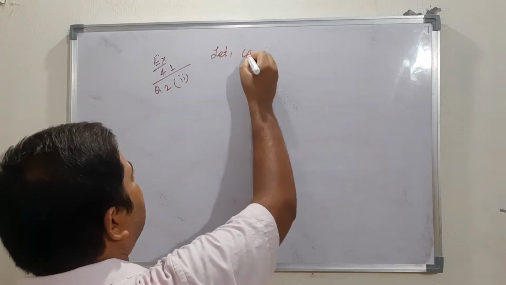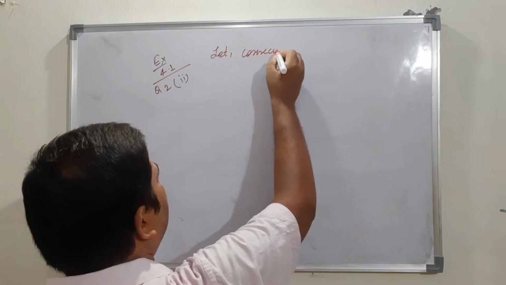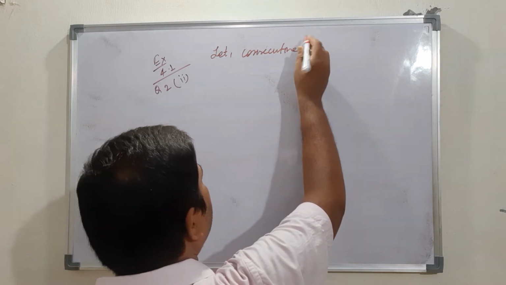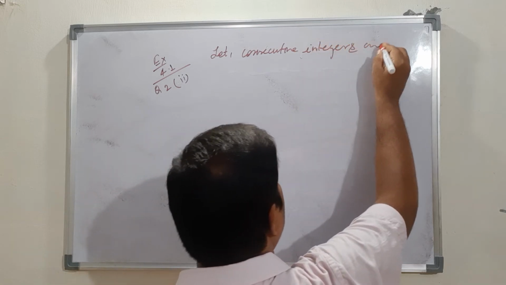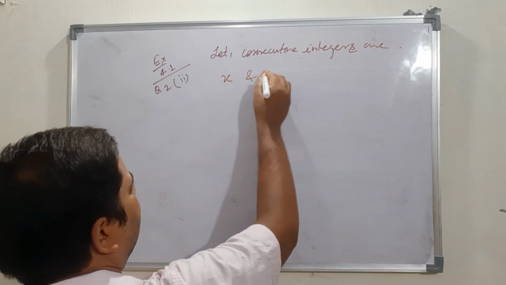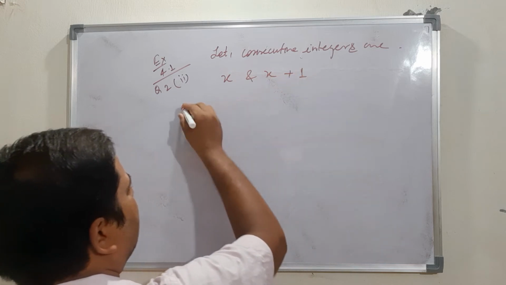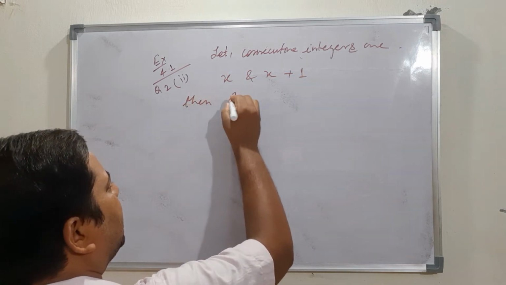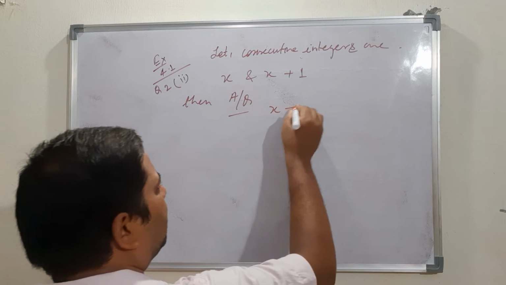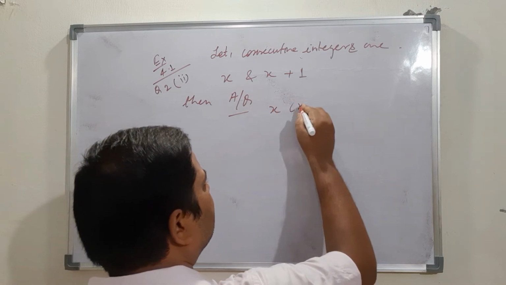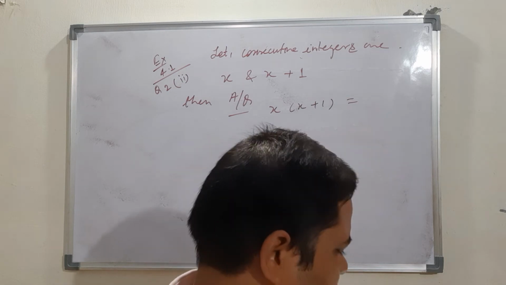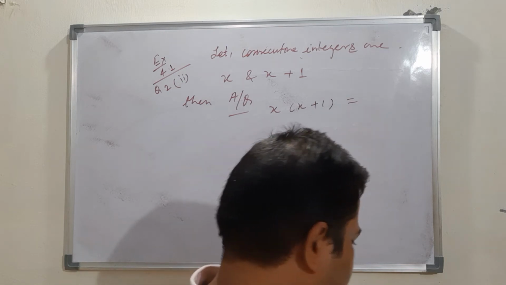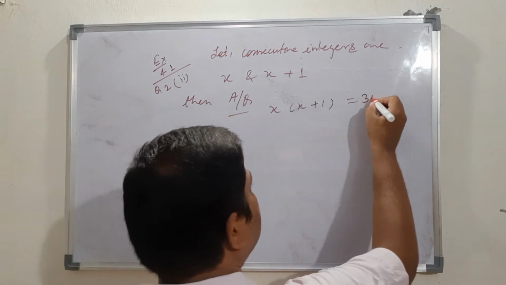Let the consecutive integers be x and x plus 1. Then, according to the question, their product x times (x plus 1) is 306.